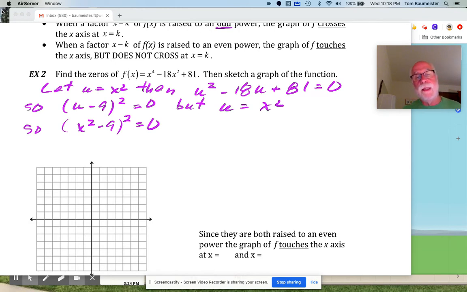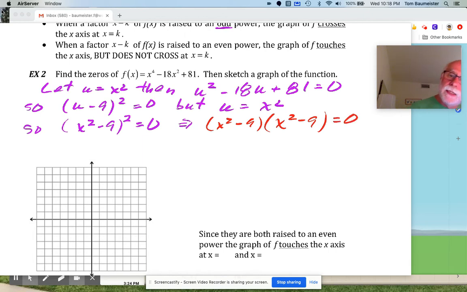Now let's simplify that one and you'll see what happens. I would get x squared minus 9 times x squared minus 9, and again, we're setting that equal to 0.